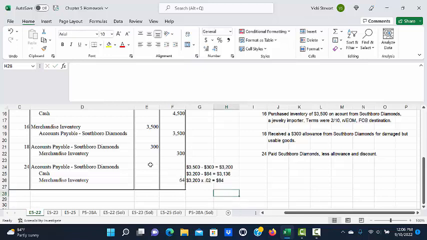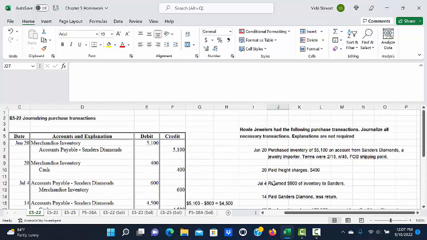Then the debit to accounts payable would be for the original amount of the purchase minus the allowance, or $3,200. And then we would credit cash for the net amount, $3,200 minus the discount, or $3,136. And that is the conclusion of the demonstration for exercise 5-22.